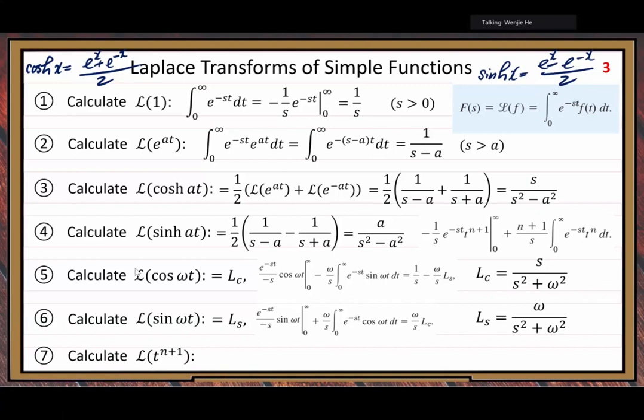But the first term is gone. Can you see the first term is gone? Why? Because at infinity, this t term also goes to infinity, but the exponential term dominates the polynomial term.